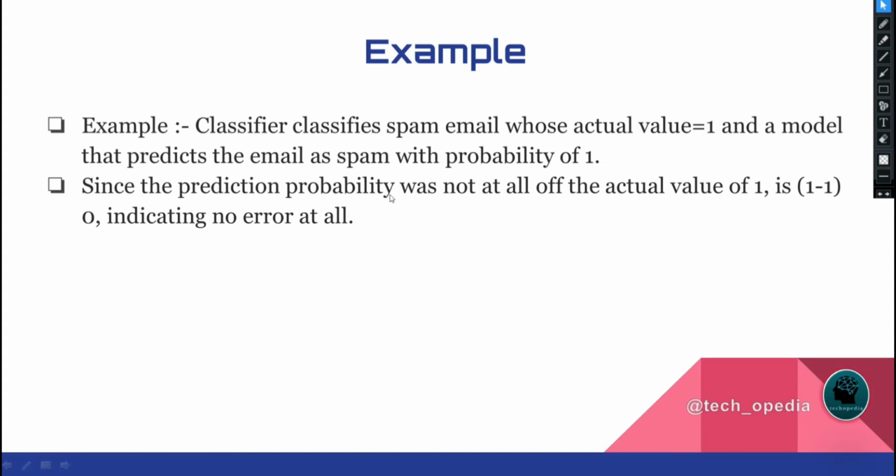Since the predicted probability matches the actual value of 1, it is indicating no error at all, because the actual value is also 1 and our model predicted is 1. So the log loss error will be 0, as actual 1 minus predicted 1 gives us 0, indicating no error at all.